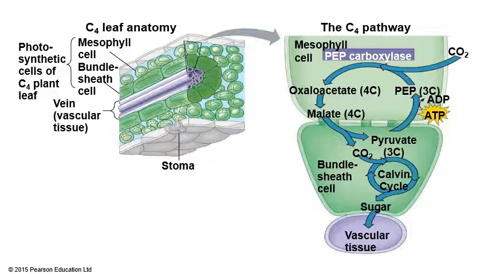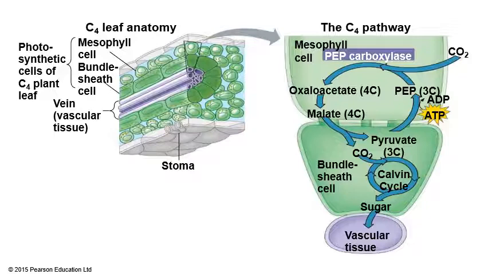Those C4 compounds get translocated into the bundle sheath cell through the plasmodesmata, and inside the bundle sheath cell, the C4 gets broken back into C3 and CO2.